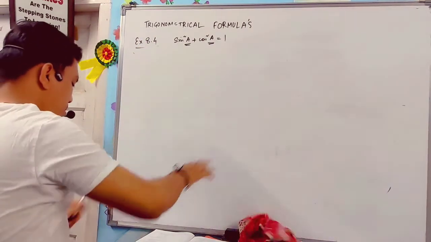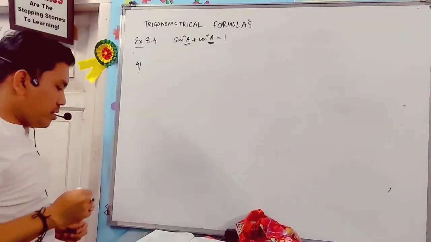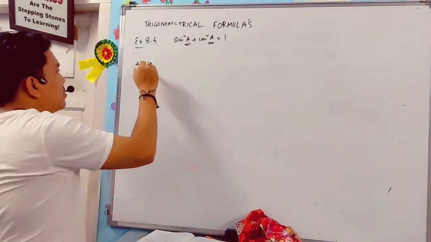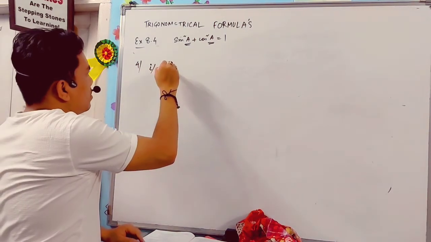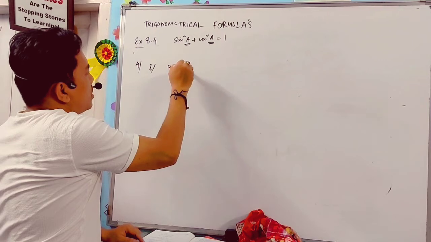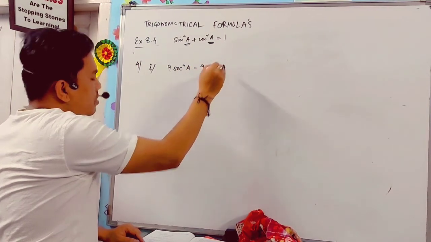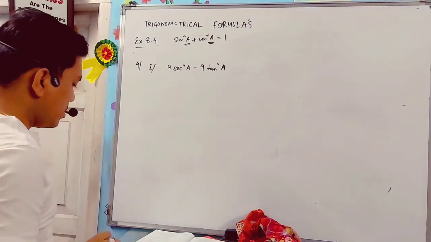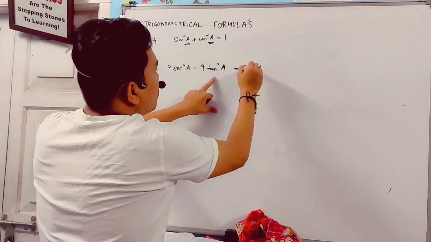Now let's do question number 4. We have to choose the correct option by justifying it. Now see the first one. See what is given. 9 sec square a minus 9 tan square a. We have to find this. Can we take 9 common from both?